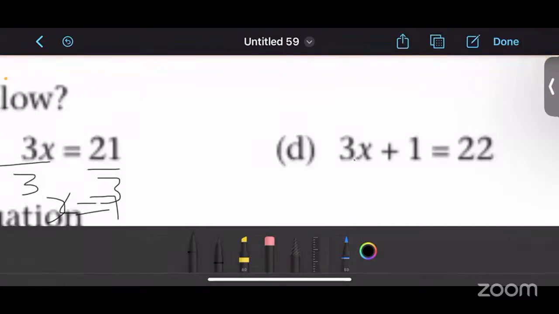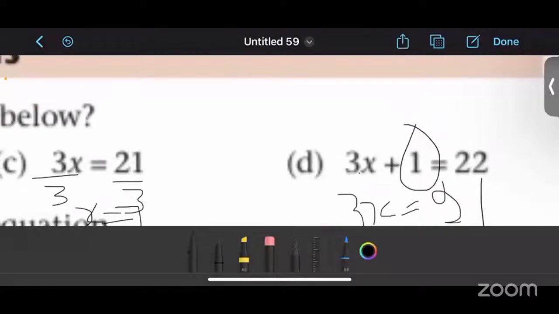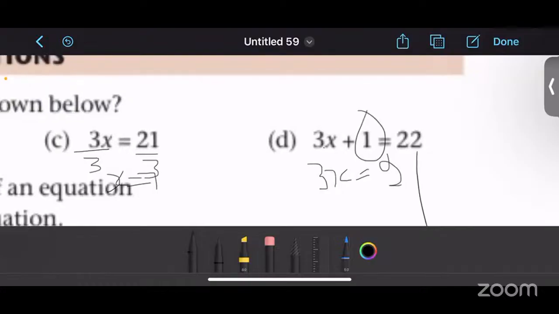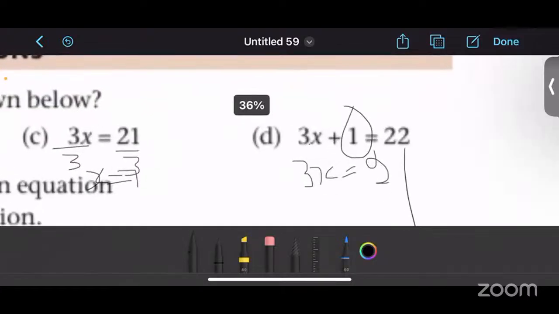Okay, let me do it with you now. 3x is equal to 22 minus 1, which is going to be 21 now. So 3x is equal to 21. Do you see what I'm seeing? Yes, ma'am. What is it?